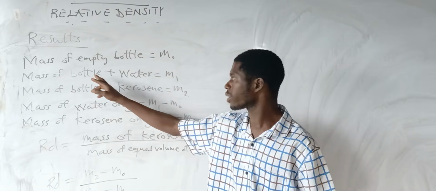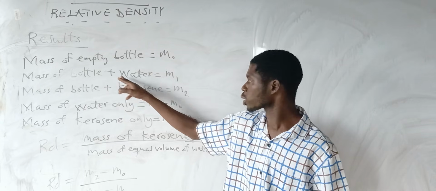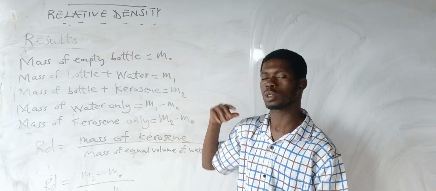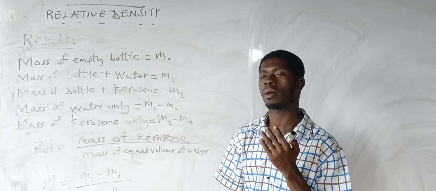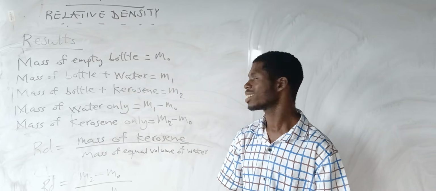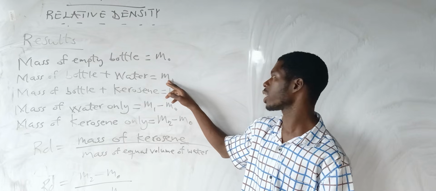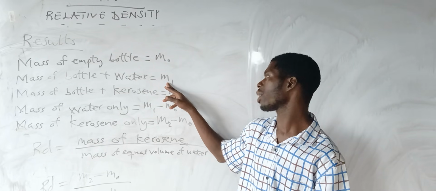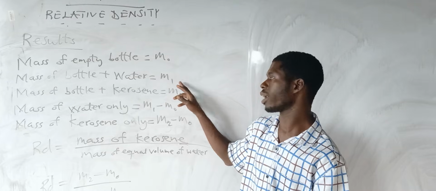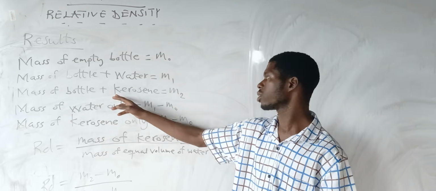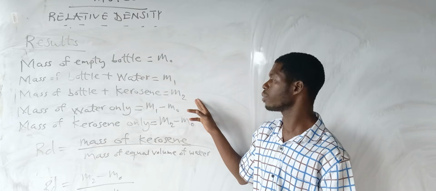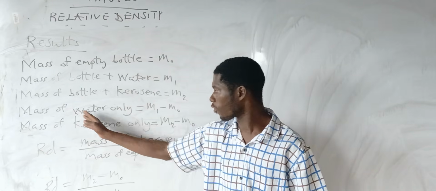The mass of the empty bottle plus water, the bottle with water, we call M1. And the mass of the bottle plus the kerosene, we call M2.